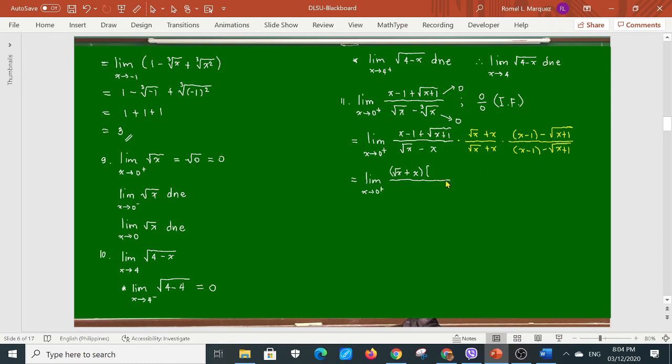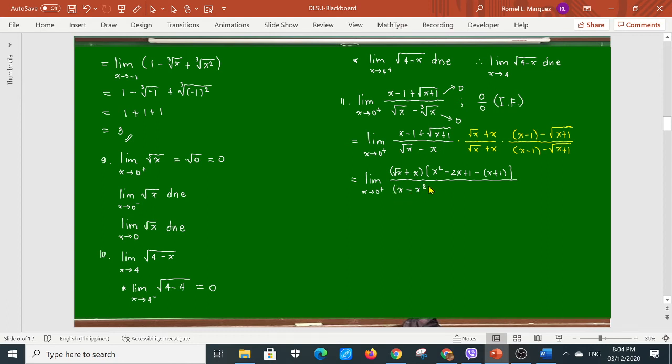Children, a plus b, a minus b: square ng una, minus square ng pangalawa. Anong square ng radical? X plus 1 kulong. Okay, children? What about the denominator? Anong product, children? Ang product nito at ito ay x minus x squared. A minus b, a plus b. Okay, guys?